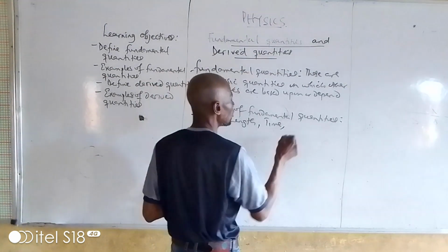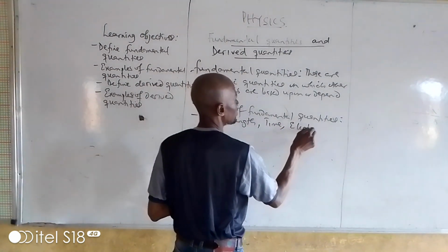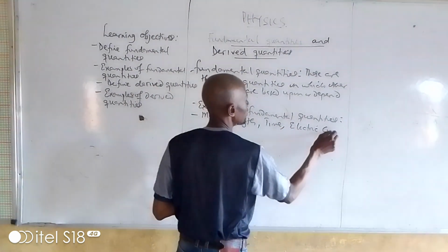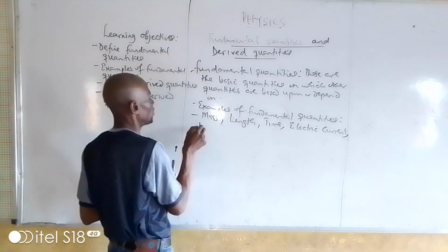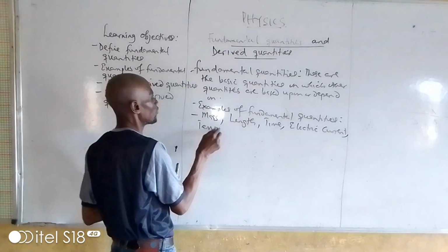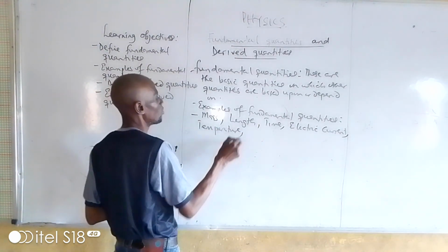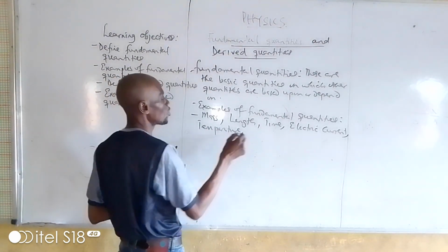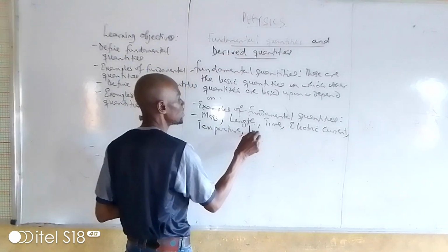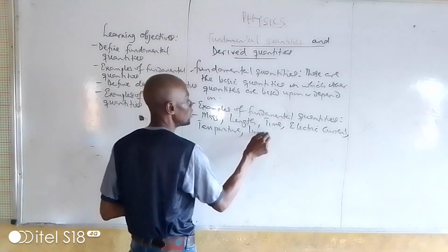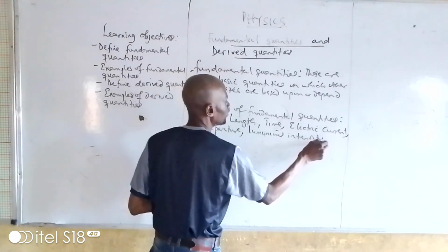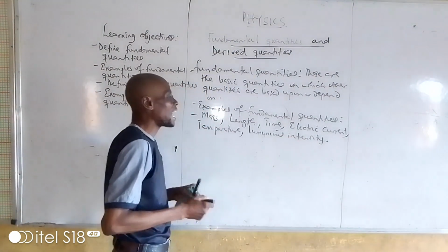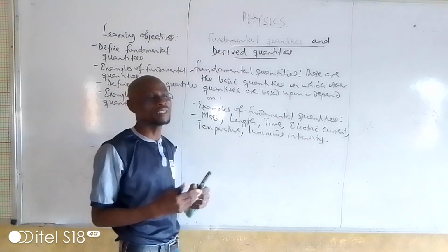We also have electric current. We also have temperature, that is the hotness or coolness of a body. We also have luminous intensity. These are the fundamental quantities.